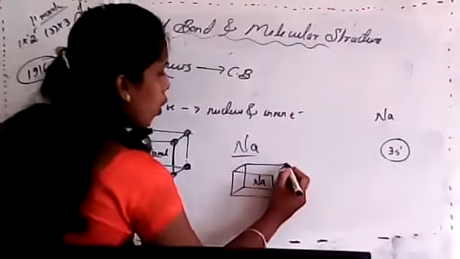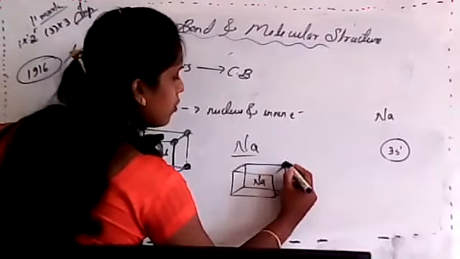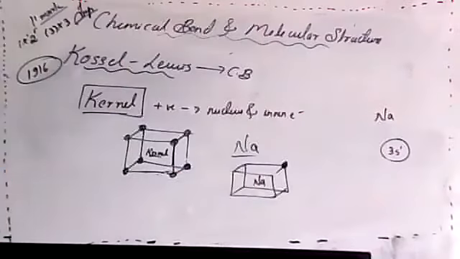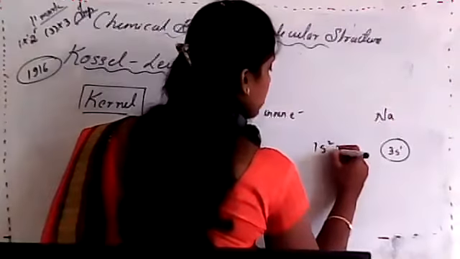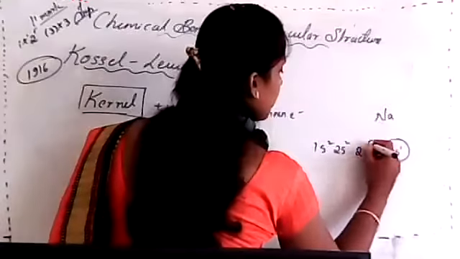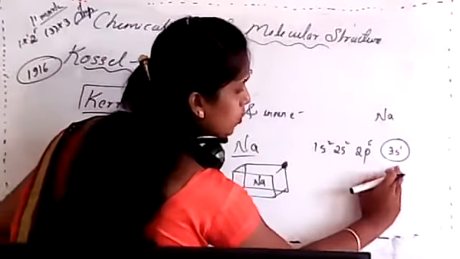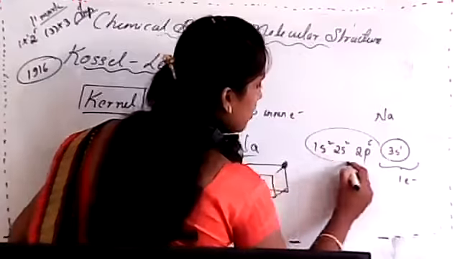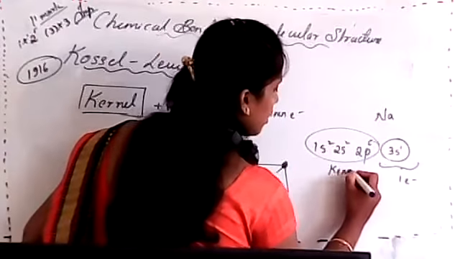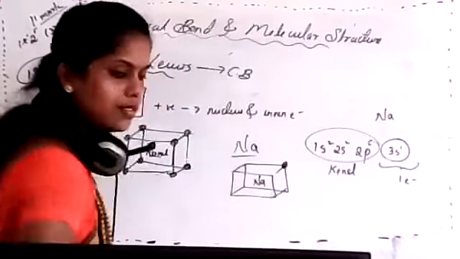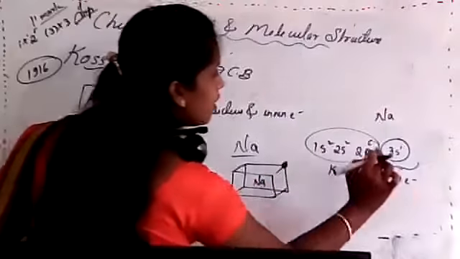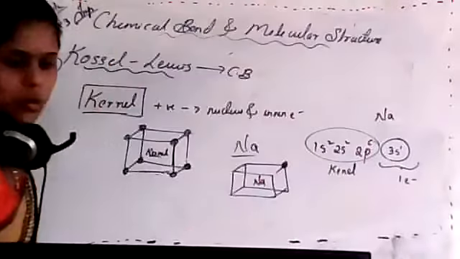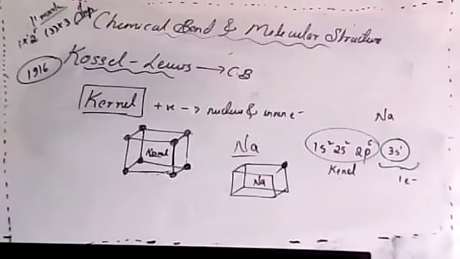He explained that only one corner was filled with an electron, because the electronic configuration is 1s2, 2s2, 2p6 and 3s1, the outermost shell having only one electron, and all these other things he called the kernel. So this is the kernel and this is the outermost electron, which can be present in the cube.